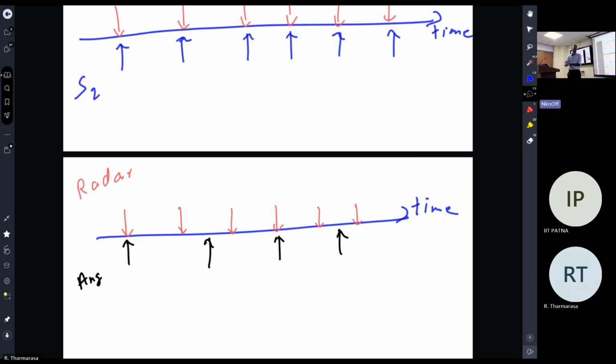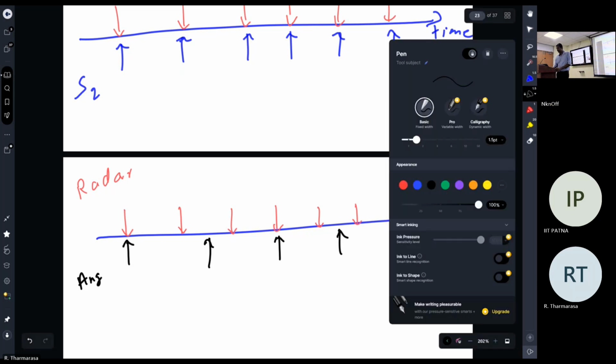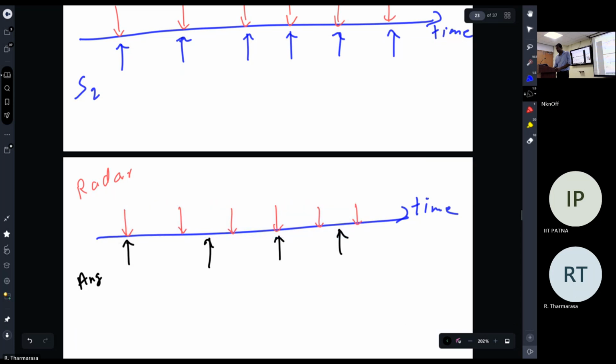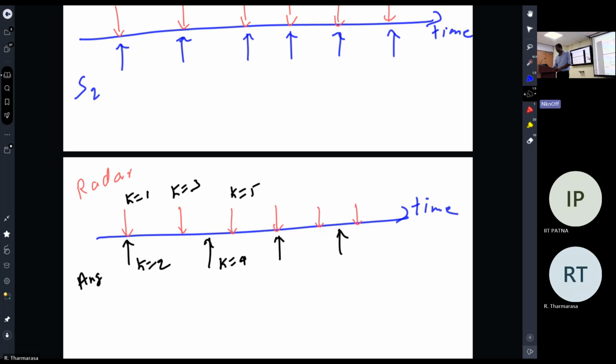In that one, the value of k is like that: k equal to 1, k equal to 2, k equal to 3, k equal to 4, k equal to 5, k equals 6, k equals 7, k equals 8, k equals 9, k equals 10. You understand this part? This is the sequence log.